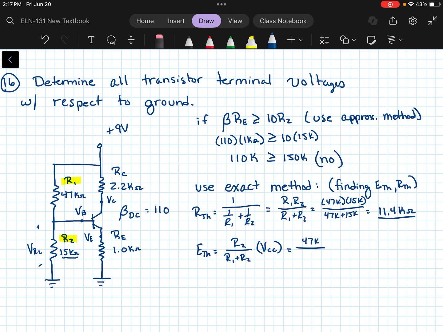So we've got 47K over 47, oh, I did that wrong, not 47K, it's the 15K that we want on the top because that's the voltage we're looking at, plus 15K over here times 9. And so when we figure that out, we get 2.18 volts there. And that will be our E Thevenin.